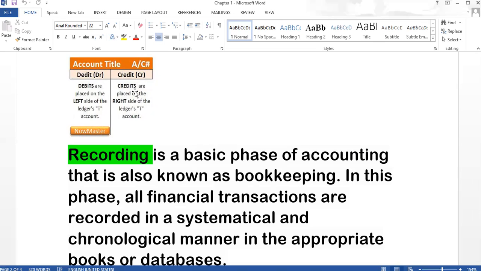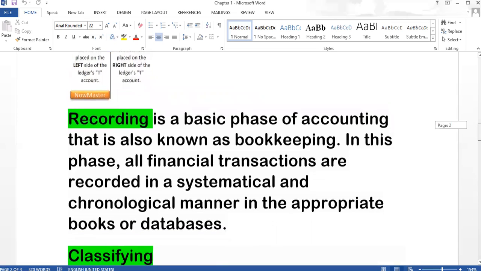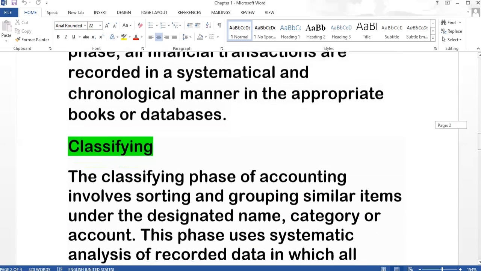So the first basic book of accounts in which all the business transactions are recorded is the journal, and from the journal it is transferred to the ledger, which we can understand in the further chapters. So recording is one of the main aspects of business activity or business transaction.